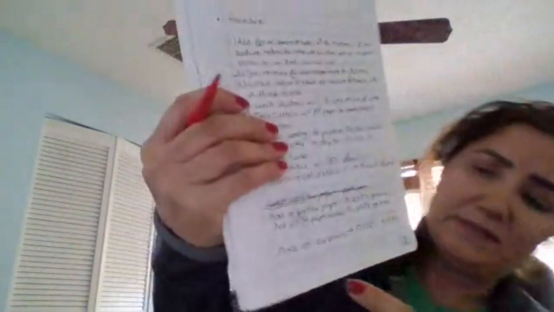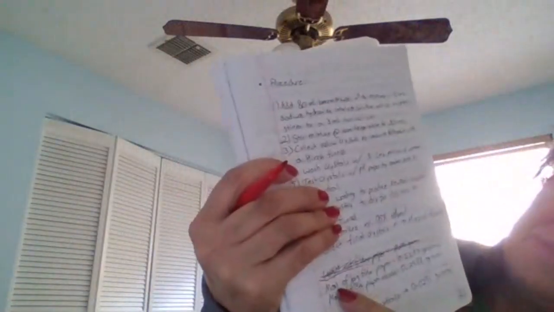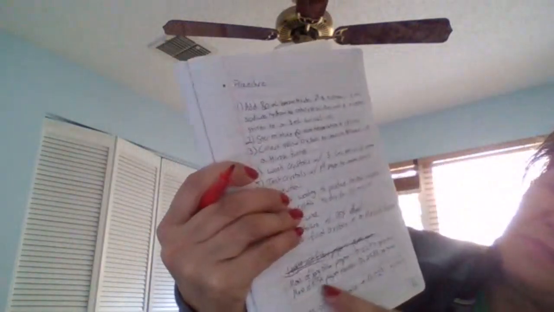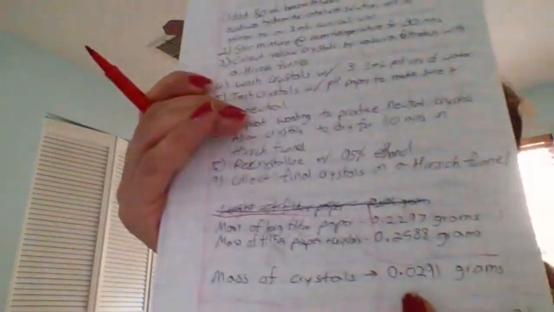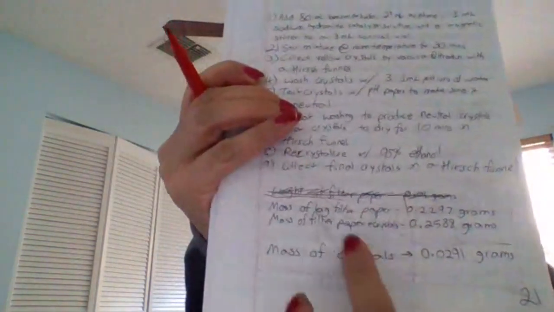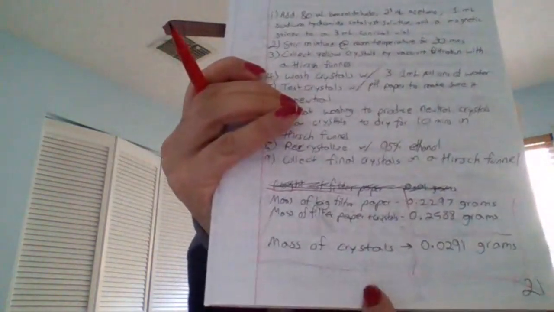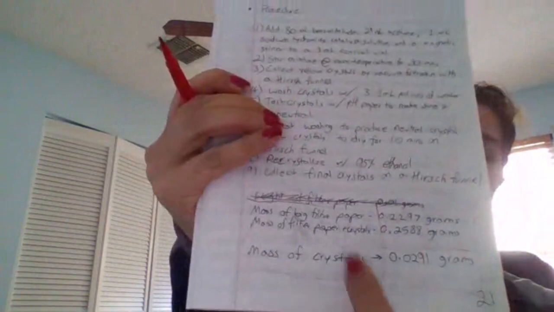Okay, this is a table. So you have, like, the mass of the beaker plus the sample, the mass of the crystals, something like that, in case you're just worried about the mass of the reactant or product. Very simple.